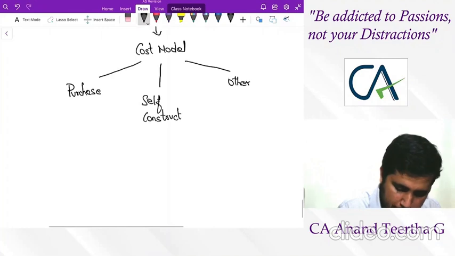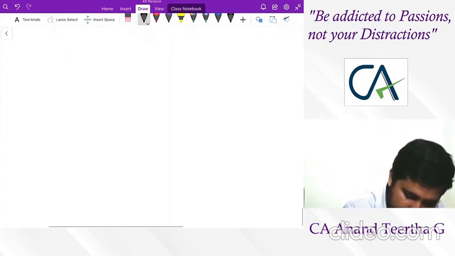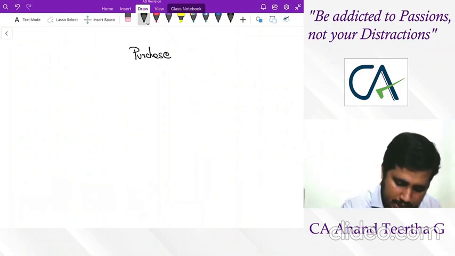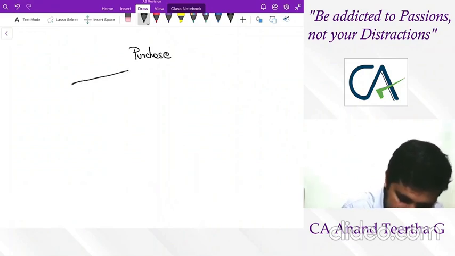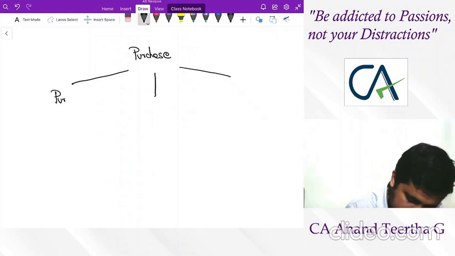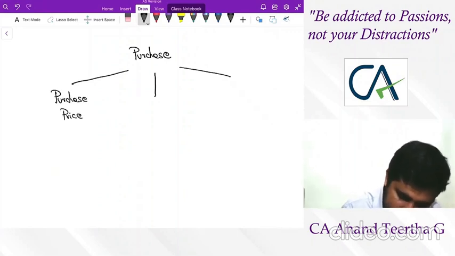First, let's talk about purchase. If I am going to purchase the asset from a third party, how is it supposed to be done? For that, three costs are supposed to be added to bring the value of the asset. One, purchase price. Two, directly attributable cost.